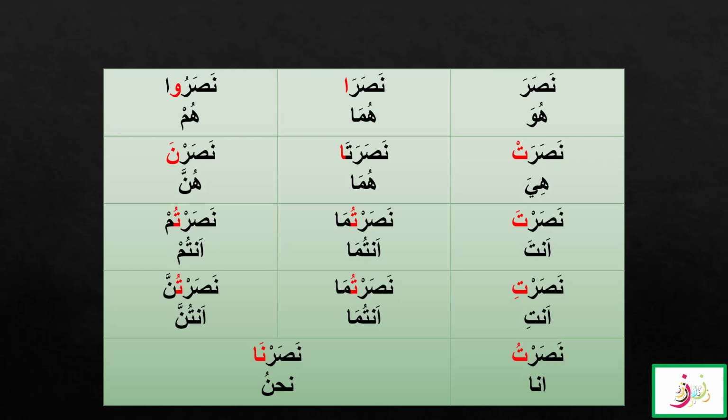Anta, Nasarta, Fa'il Madi Majhul, Nusirta, U sound, Nusirta. Alright? Antuma, Nasartuma, Fa'il Madi Ma'lum, Fa'il Madi Majhul, Nusirtuma. Antum, Nasartum, Fa'il Madi Ma'lum, Fa'il Madi Majhul, Nusirtum. Anti, Nasarti, Nusirti. Antuma, Nasartuma, Nusirtuma. Antunna, Nasartunna, Nusirtunna.